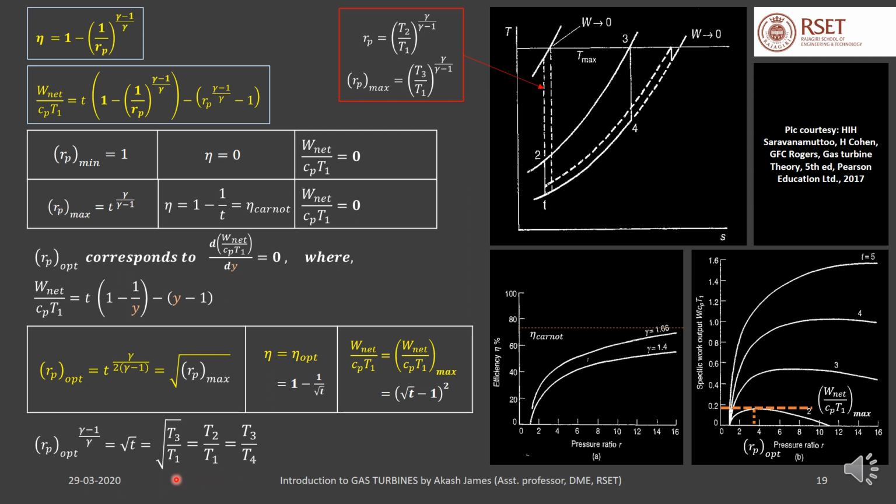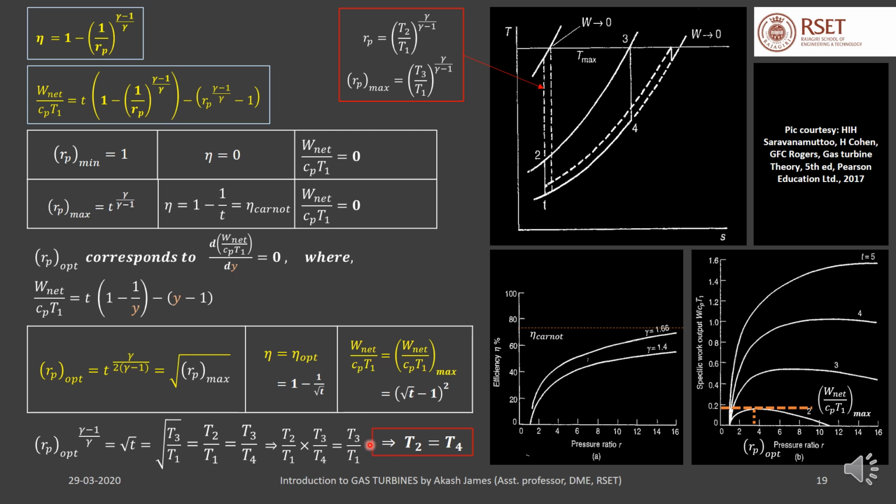Now let's say this is A equal to B equal to C. Then B multiplied by C must be equal to A squared. That is T2 by T1 multiplied by T3 by T4 should give you T3 by T1. Here T3 and T3 will cancel, T1 and T1 will cancel. What remains is T2 by T4 is equal to 1.